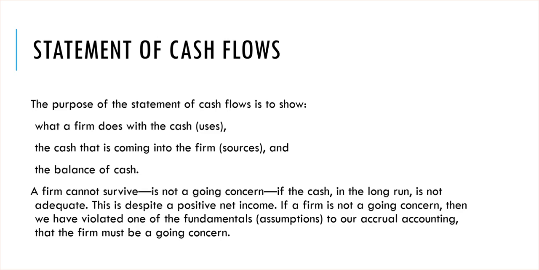So if you have a firm like that and it's not a going concern, then one of the issues is how you do the accounting. One of the fundamental assumptions we have when we do our accounting using accrual basis, which is GAAP, is that the firm is a going concern.